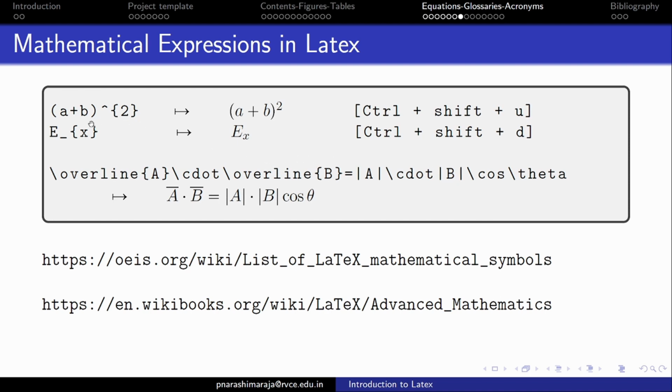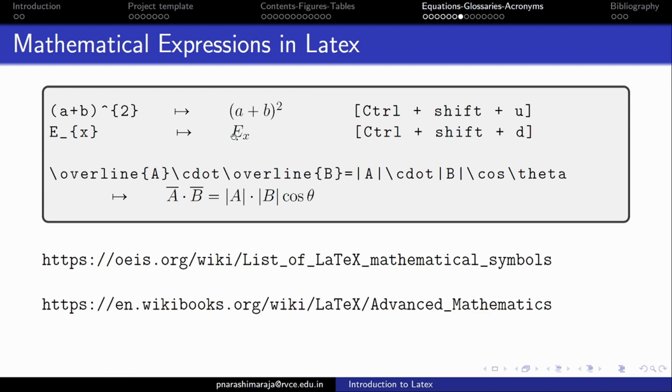Here is a case where I want to express a plus b the whole square, and in order to use the superscript, I have to use the caret symbol along with a number 2 within curly braces. The way to get this caret symbol along with the curly braces is by using the shortcut key Ctrl Shift U for upper.